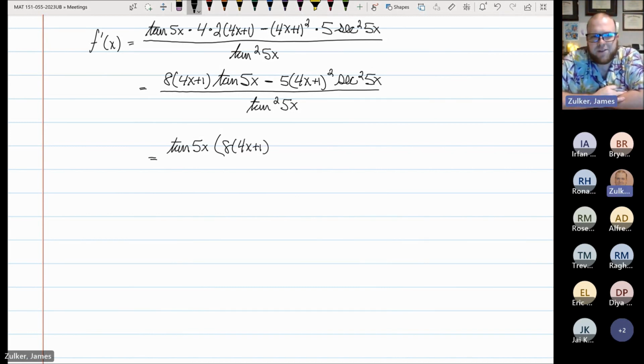We're left with 8 times 4x plus 1 minus 5 times 4x plus 1 quantity squared. All right, then we're going to have secant squared over tangent.